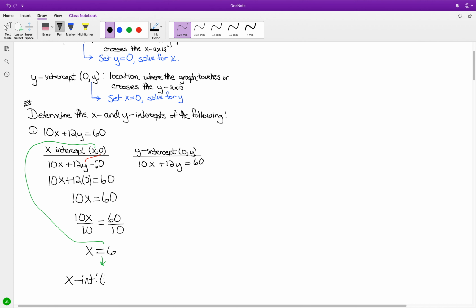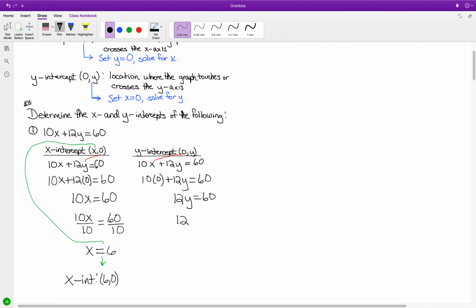So again, our x-intercept is at (6, 0). In the case of the y-intercept, we set x to 0 and solve for y. Upon setting x to 0, the left-hand side is just 12y, so we have 12y is equal to 60.